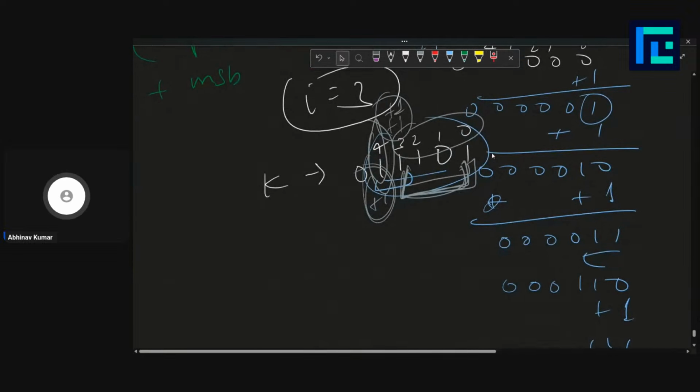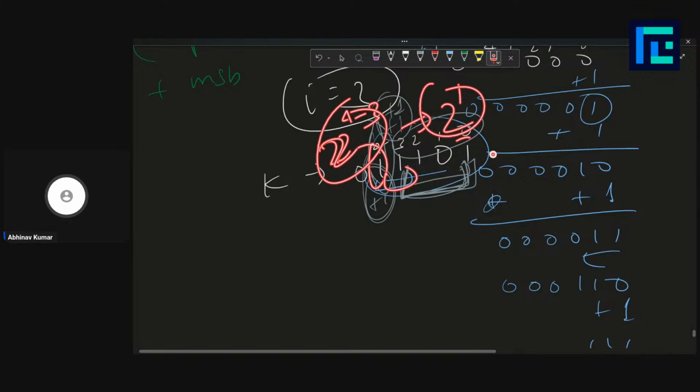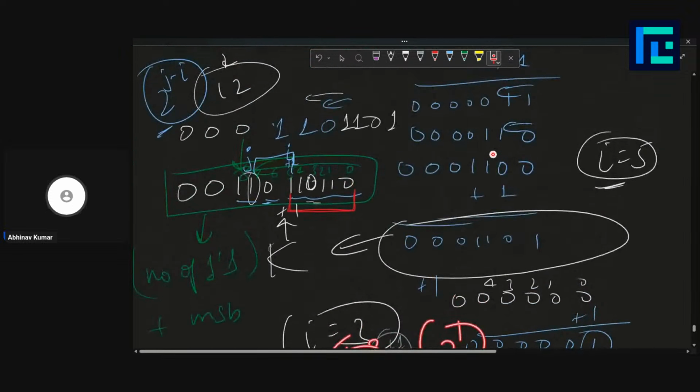Here, the second operation needs to be applied 2 to the power 4 minus 3, which is 2 to the power 1 times. So 2 times the first operation was required in order to do a plus 1 here. So for the first I indices, every 1 would contribute a plus 1 to the second operation.